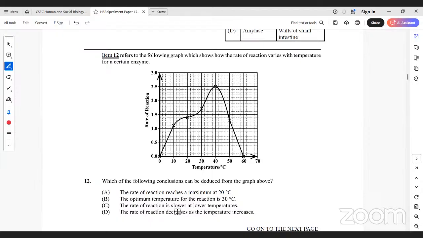And then C: the rate of reaction is slower at lower temperatures. That's 100% true. D might be true for what, 2/3 of the graph. But C is true for the whole thing. So remember, it's about the best answer. All right? It's about the best answer. That's why we are going with C.